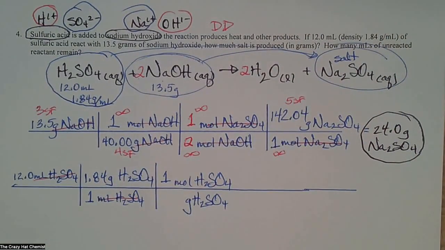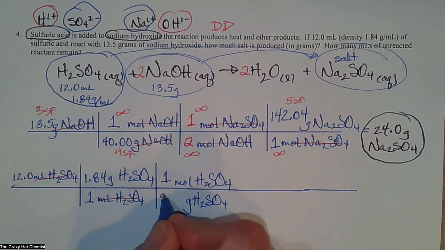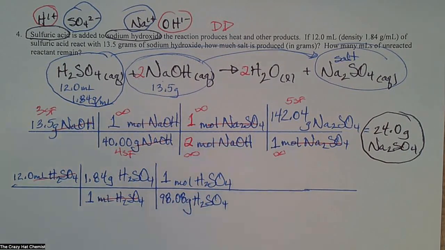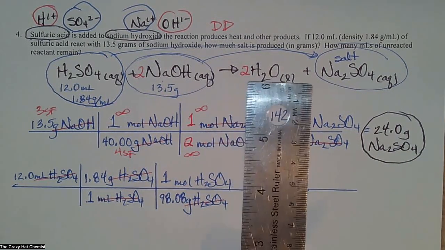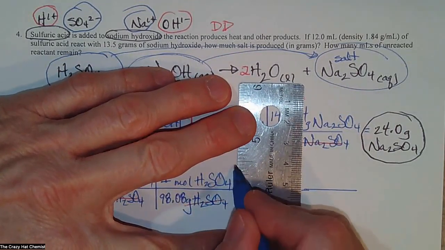And then sum that all up and then round it to 2 decimals. And that will be 98.08. That is the molar mass for sulfuric acid. So I'm going to cancel out grams of H2SO4 right there. Okay. I've done one more step here.